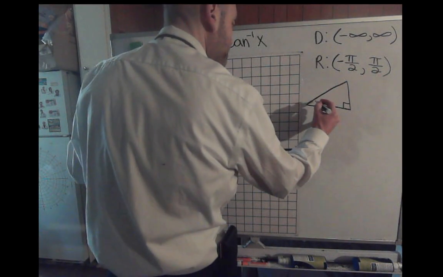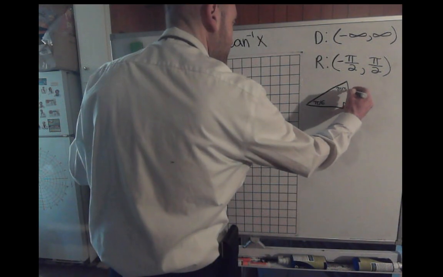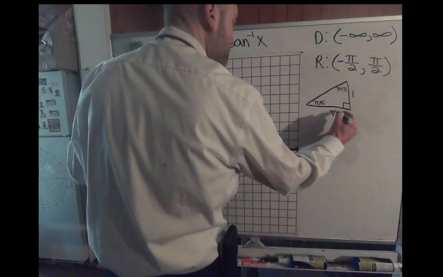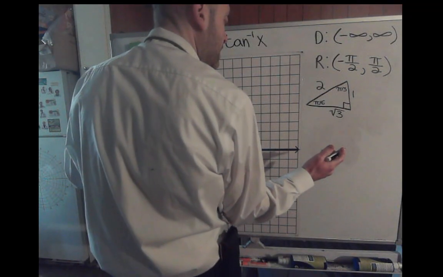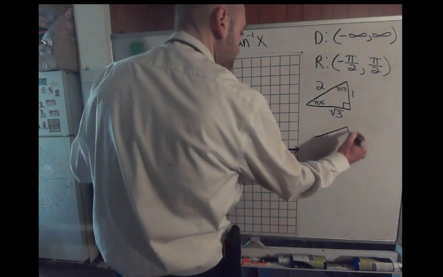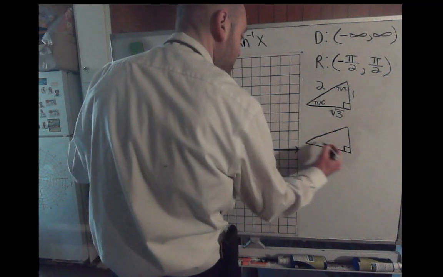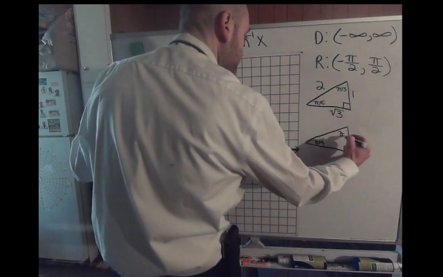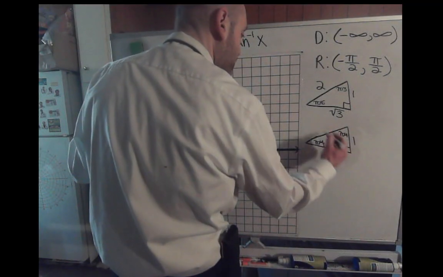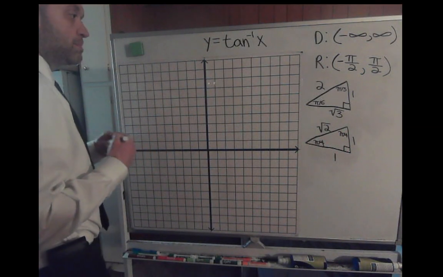Let's do pi/6, which would be 30, do pi/3, which would be 60, set up some 30, 60, 90 right triangles, and then some 45, 45, 90 right triangles. I know these aren't exactly drawn to scale, but you'll get the idea. So that could aid us in helping to set this up here.